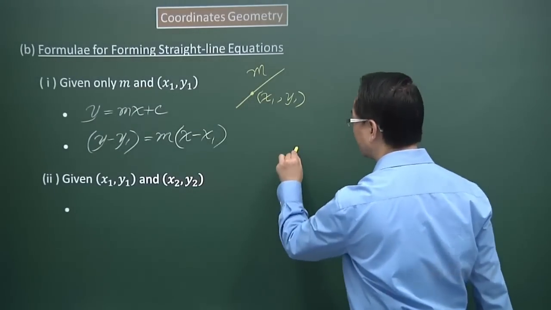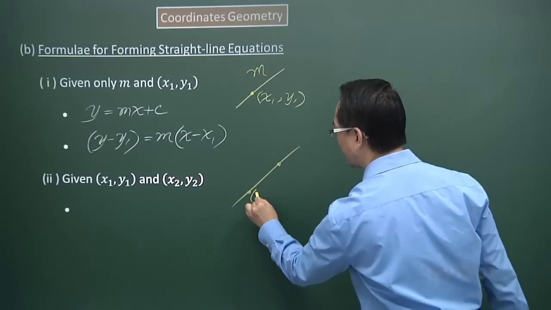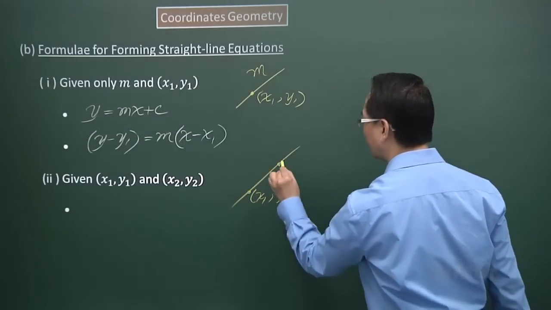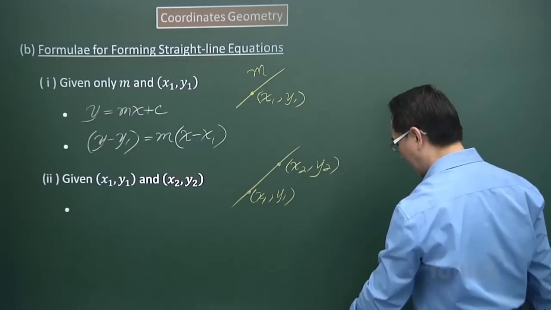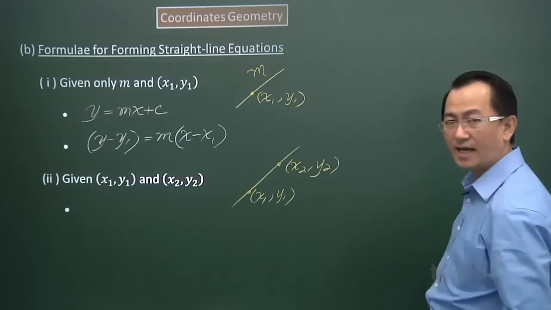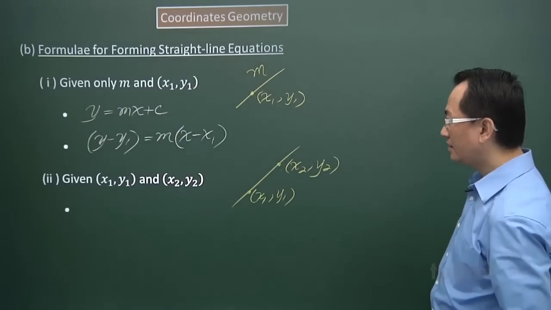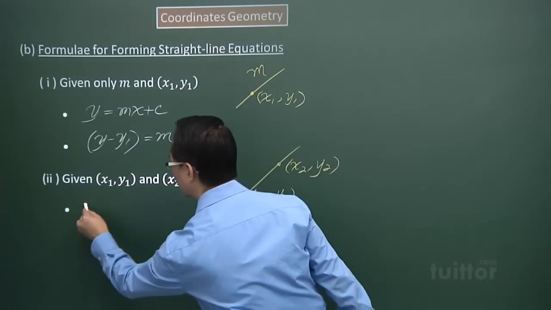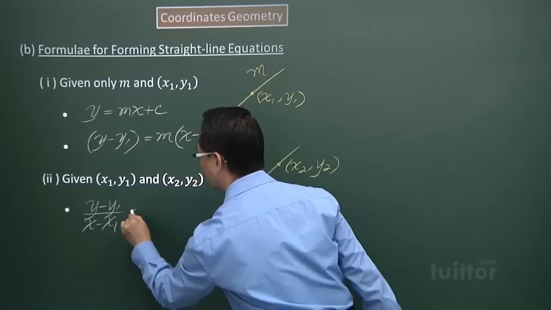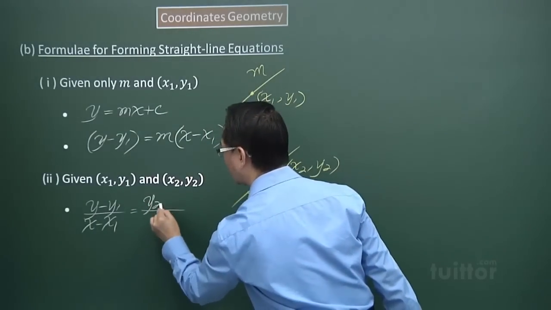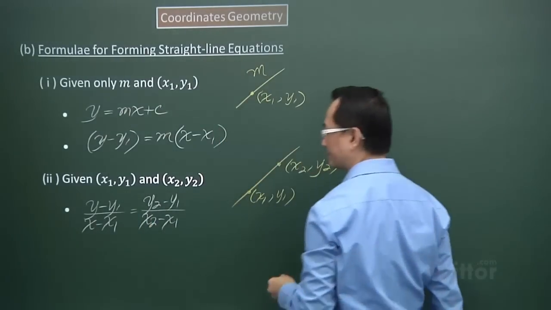And the next one, if on a straight line I'm given 2 points, one is x1, y1, the other one x2, y2, and that's the straight line I'm trying to find, then the formula I can use is this: y minus y1 over x minus x1 equals y2 minus y1 divided by x2 minus x1.